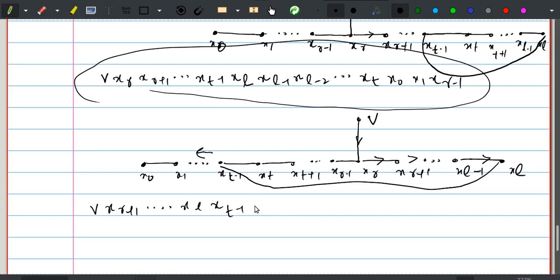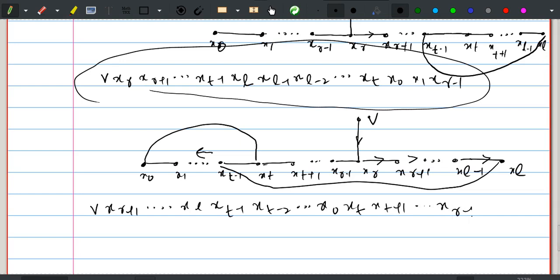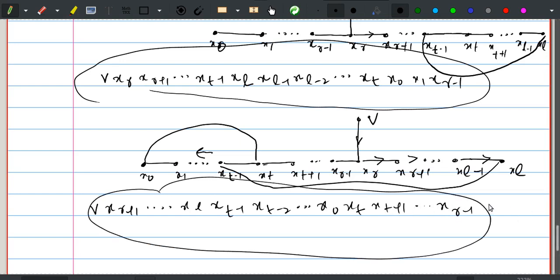So XT minus 1 goes to XT minus 2, so on to X0. Now from X0 we can jump to XT, and from XT we can go to XT plus 1, so on to XR minus 1. This is again a path which contains L plus 2 vertices, including the vertex V. So this path has length L plus 1.